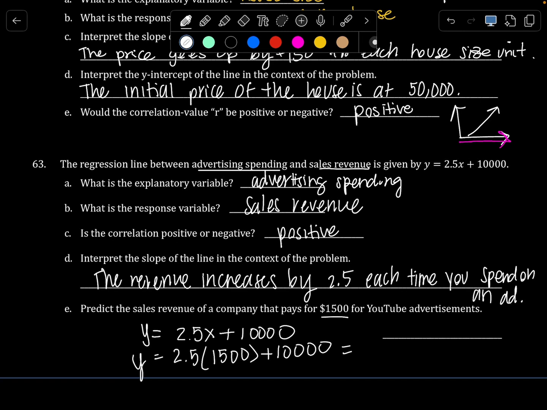Replace the X with that number. Plug it in your calculator, super easy. 2.5 times 1,500 plus 10,000. And then you get 13,750. There you go. That's how much you make in revenue.